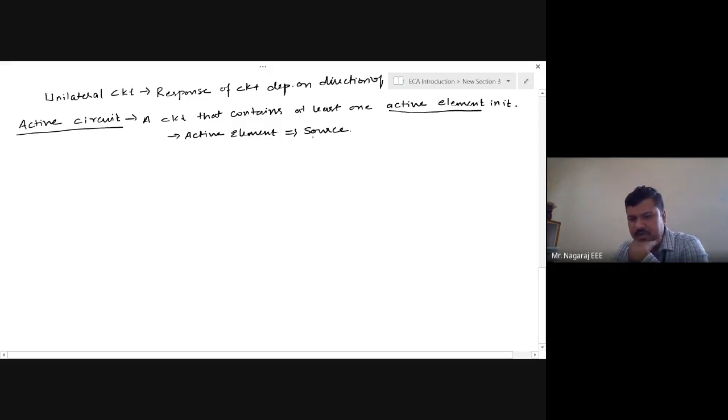If any circuit contains at least one source in it, we call it an active circuit. So far, any circuits we have seen in earlier classes were all active circuits because there was a voltage source or a current source. Without any source there can't be current or voltage in any circuit.